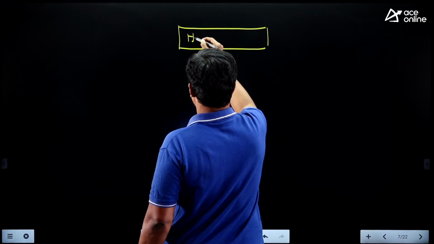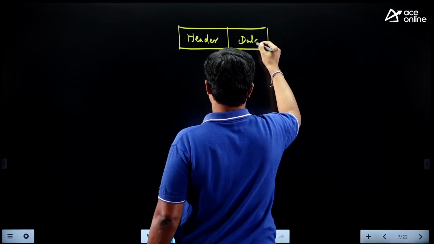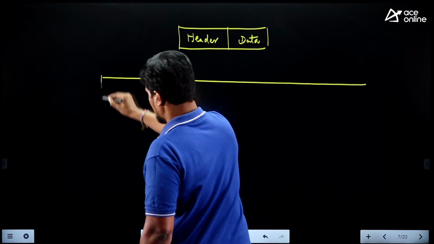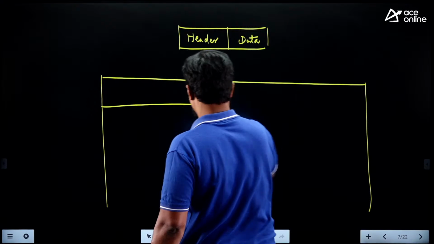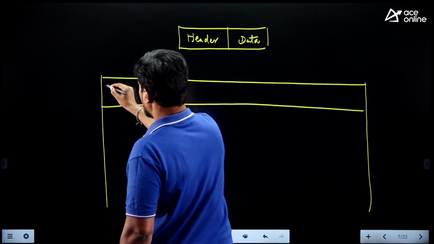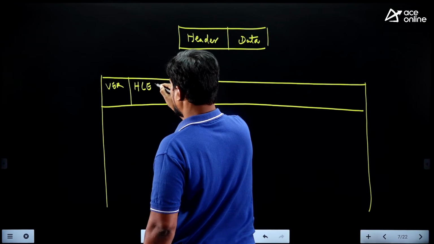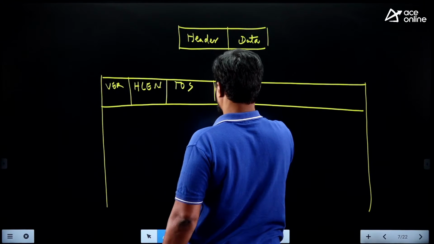This is the header part and this is the data portion. Here we have the header fields: the first field is the version field, the next is the HLEN field, and the next is the TOS field.